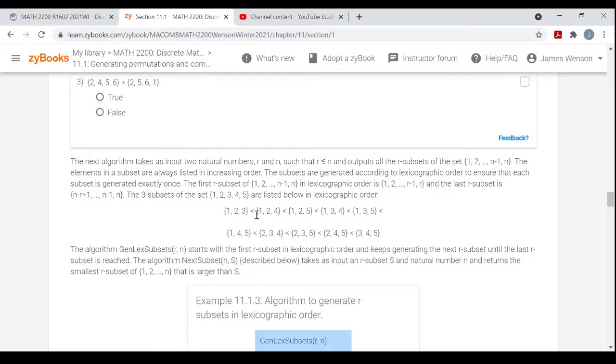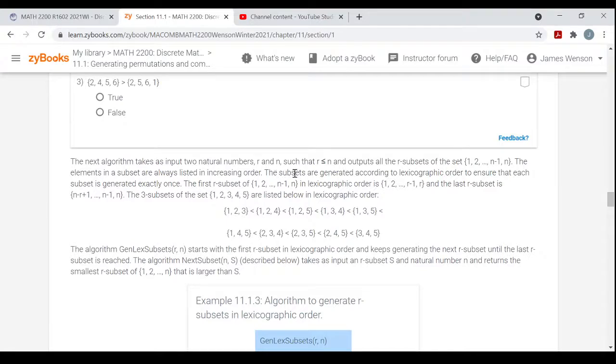Now, the next algorithm takes as input 2 natural numbers r and n, such that r is less than or equal to n, and outputs all the r subsets of the set 1 through n. The elements in a subset are always listed in increasing order.